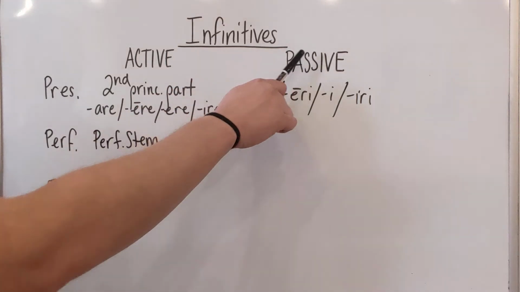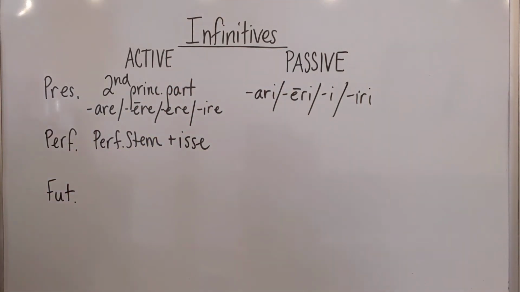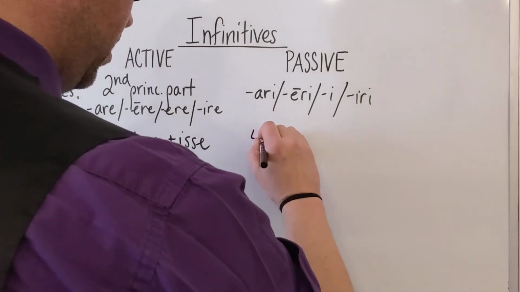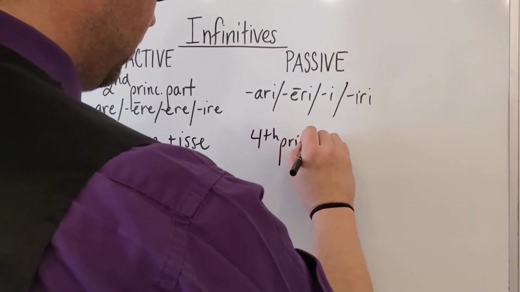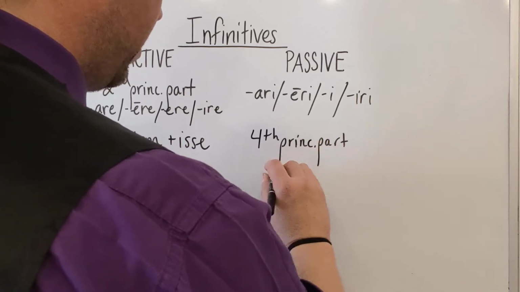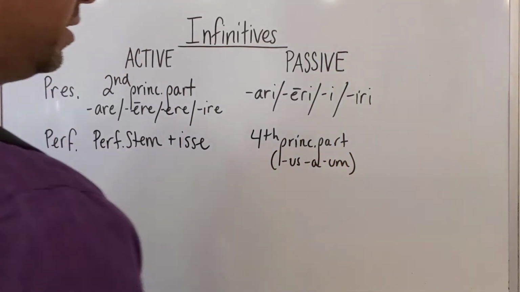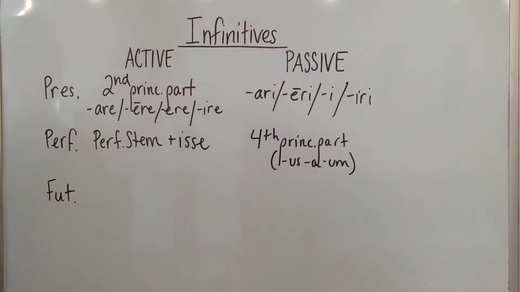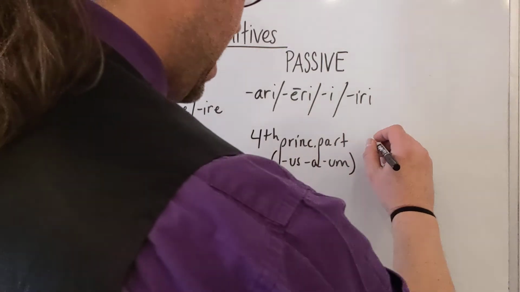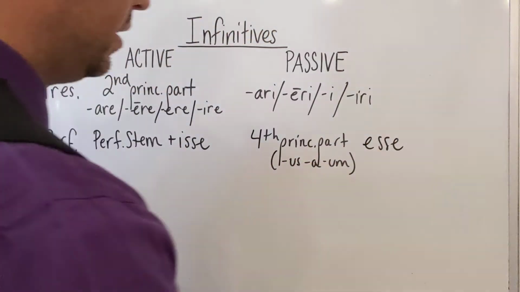For the perfect passive infinitive, take the fourth principal part of the verb. Remember that it ends in -us, so it acts like an adjective, a first and second declension adjective. As a helping verb, to make it an infinitive, we add esse.